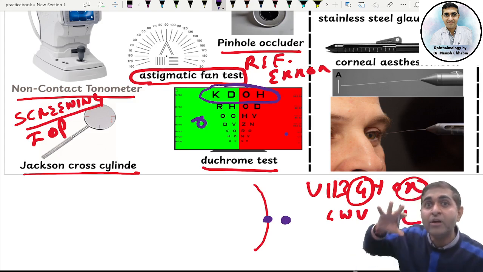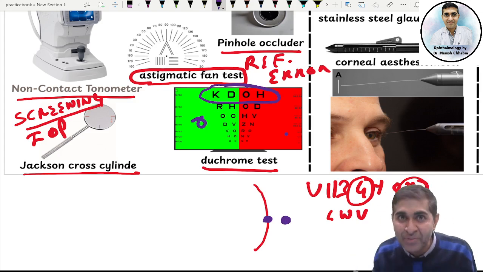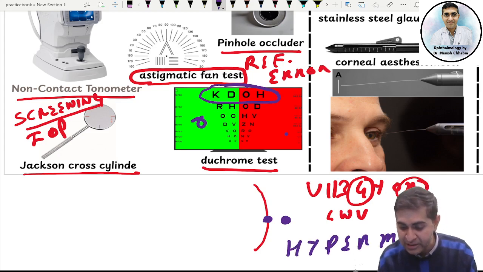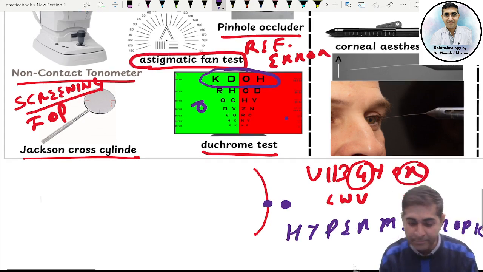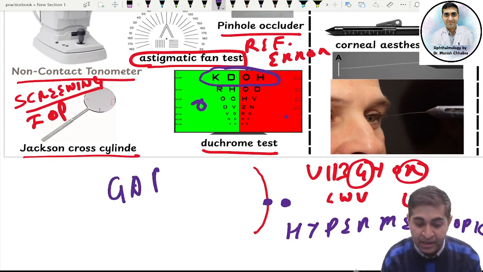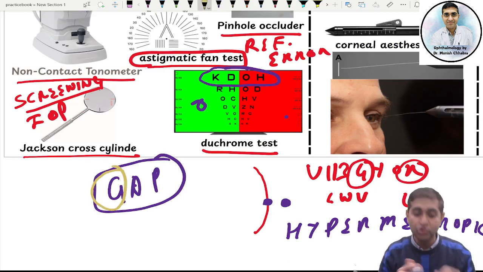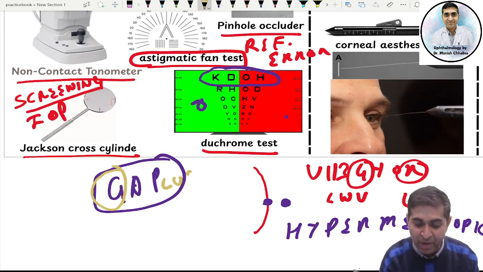It must have gone far behind the retina. That actually tells you that the patient is hypermetropic. Yes, hypermetropic. How will you remember? Just remember it as gap. If the patient is seeing green color clearly, you need to add plus power.